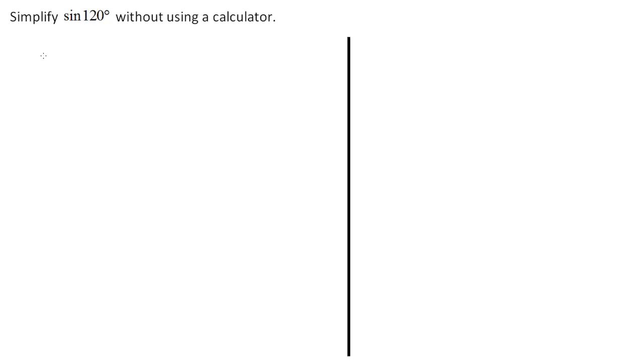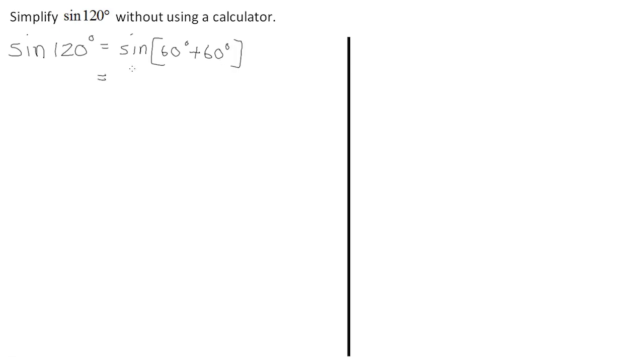Simplify sine of 120 degrees without using a calculator. Without using a calculator means that we need to use a diagram. So, first of all, we can say sine of 120 degrees is equal to sine of 60 degrees plus 60 degrees.